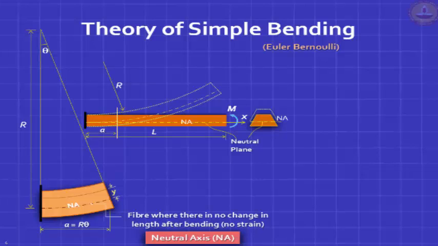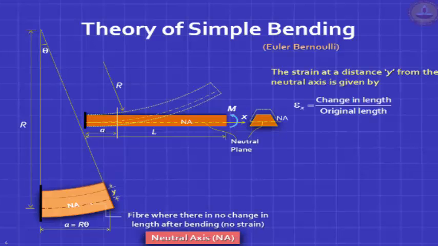So you have normal stresses coming into the picture, and if you take any distance y above the neutral axis, you could define the change in length, and therefore define the normal strain at that location.